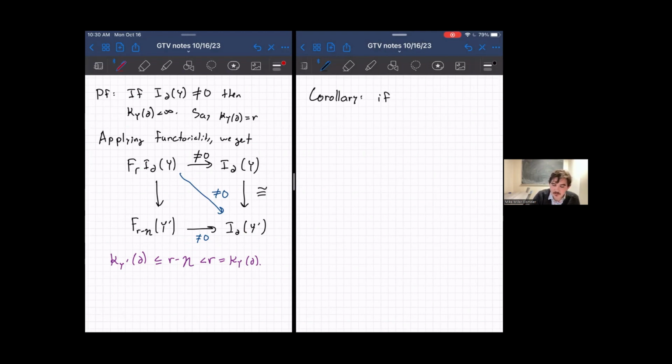If I have a knot in S1 cross S2, with the same homology class as S1 cross point, which is non-trivial, it's not isotopic to S1 cross point.